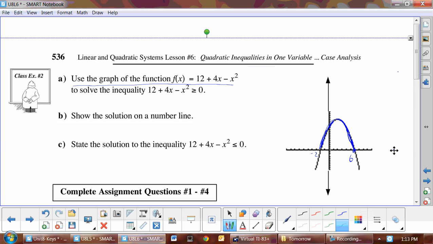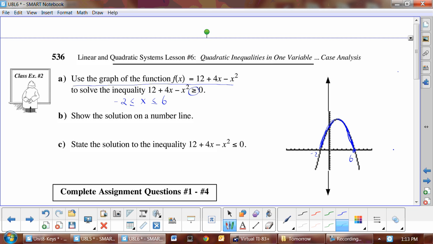So, Andrew, focus. So if this is a multiple choice question, we'd say our graph is above 0, or positive, between -2 and 6. So I go when x is greater than or equal to -2 and less than or equal to 6, that's our solution.